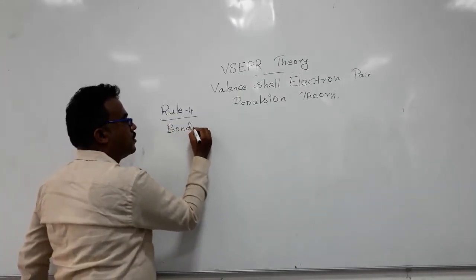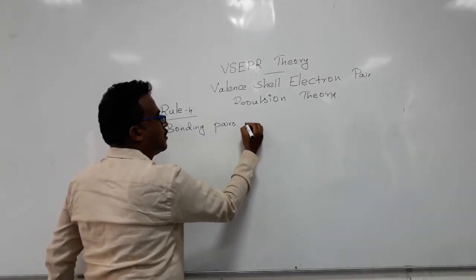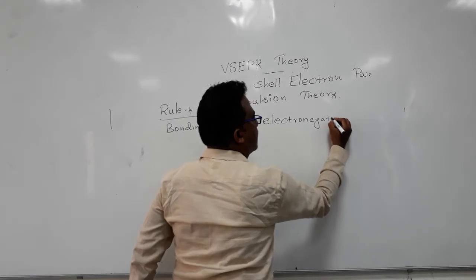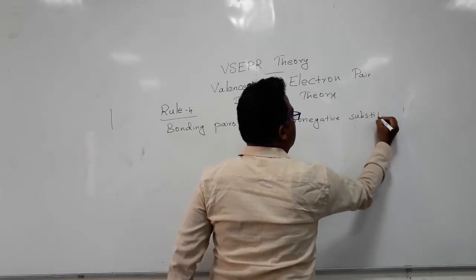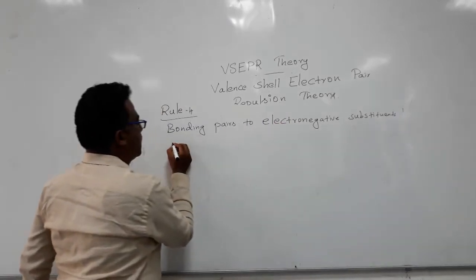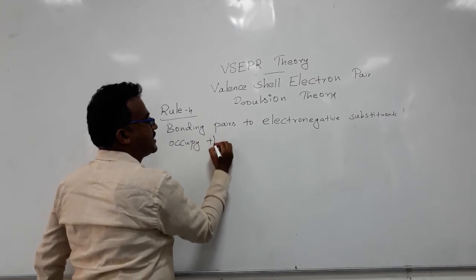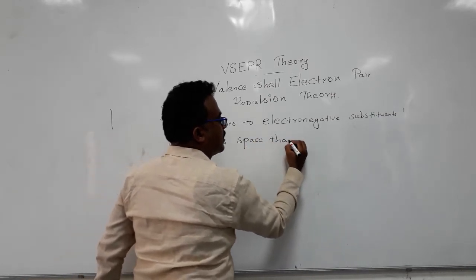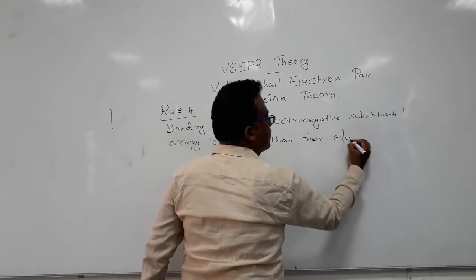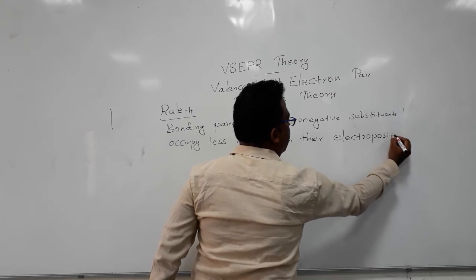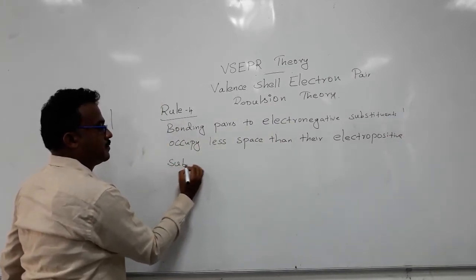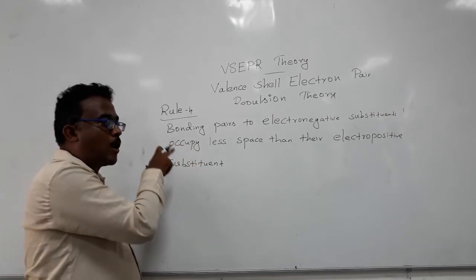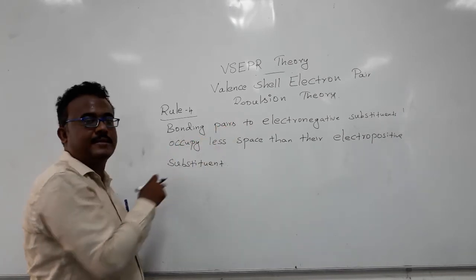Bonding pairs to electronegative substituents occupy less space than their electropositive substituents.